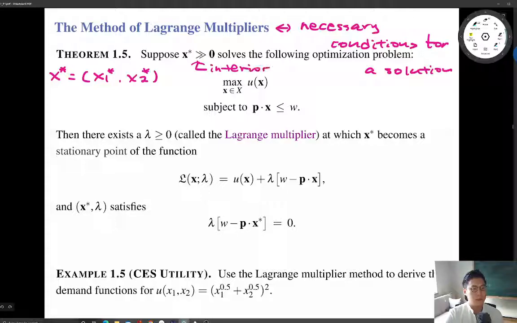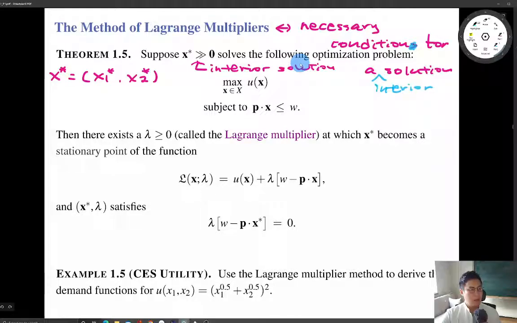An interior solution. As a matter of fact, Lagrange multipliers gives us a necessary condition for an interior solution. So we have one interior solution.